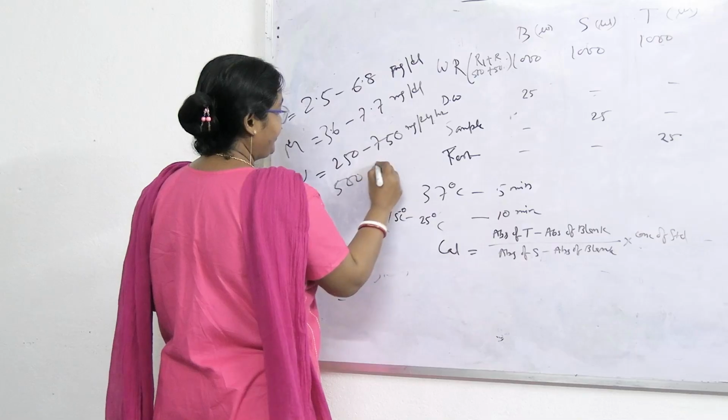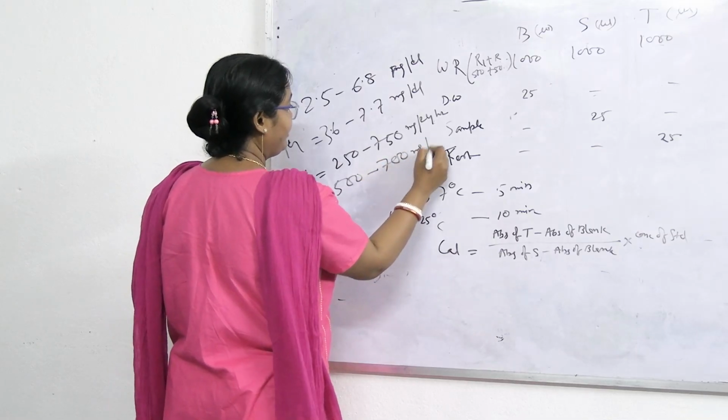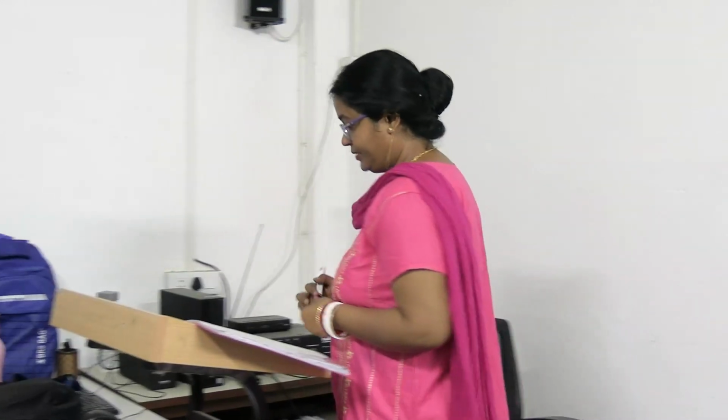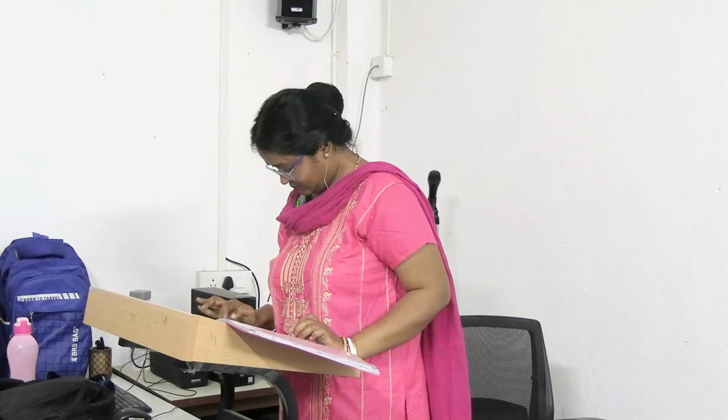Actually in Vasudevan it is written 500 to 700 milligram per 24 hours. Uric acid excretion is also fairly constant, about 500 to 700 milligram per day.